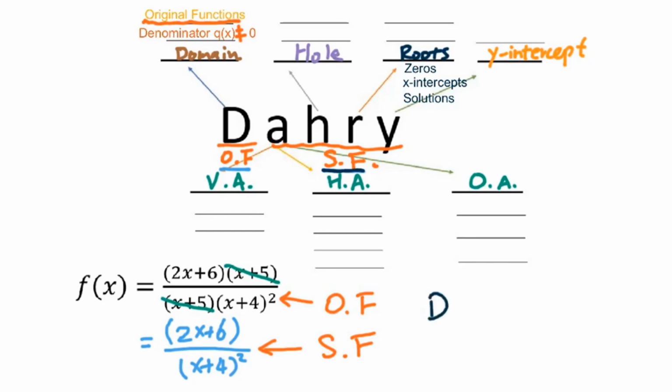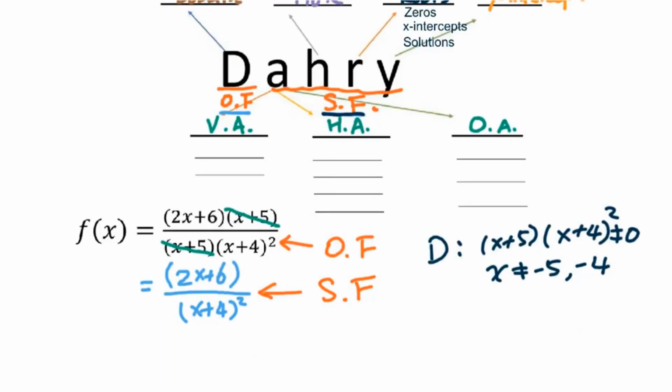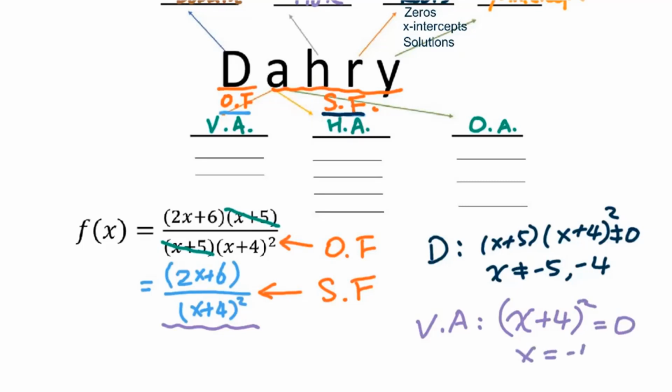When you're looking for the domain, you set up the original function: x plus 5 times x plus 4 squared not equal to 0, which means x is not equal to negative 5 and negative 4. But when you're looking for the vertical asymptote line, you have to use the simplified function. Only set x plus 4 squared equal to 0. Therefore, x equals negative 4 is the vertical asymptote line.